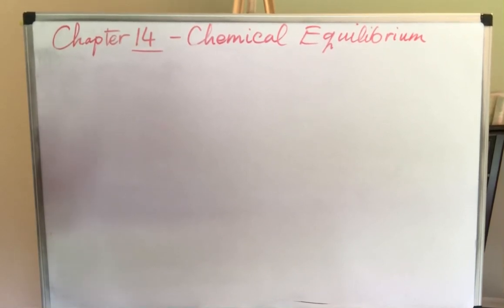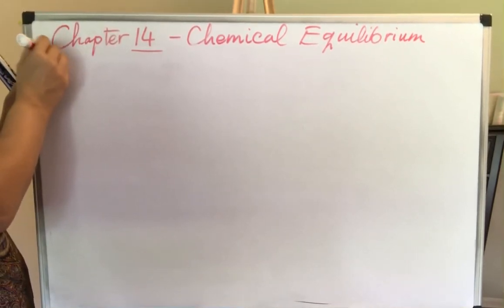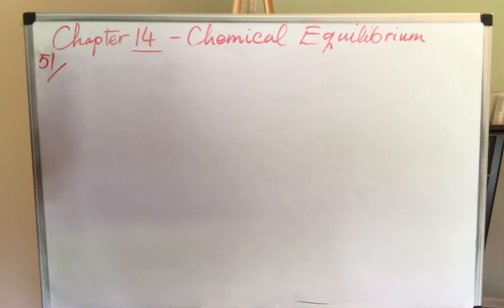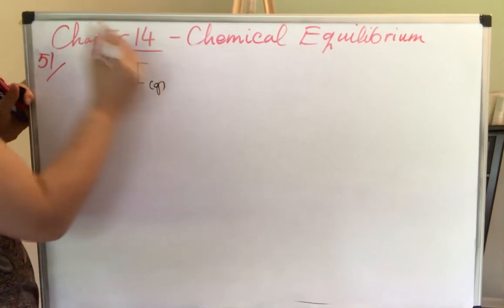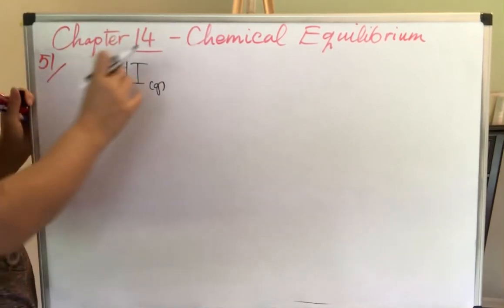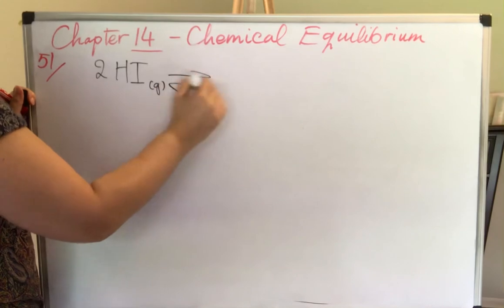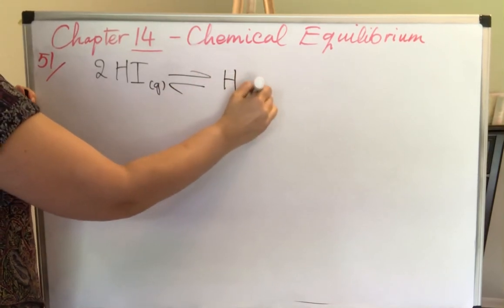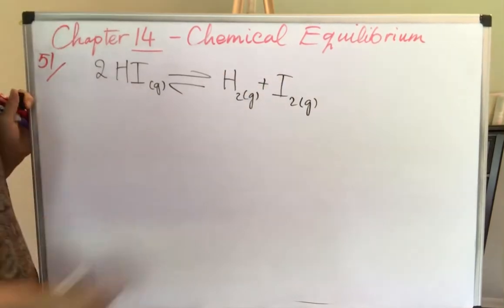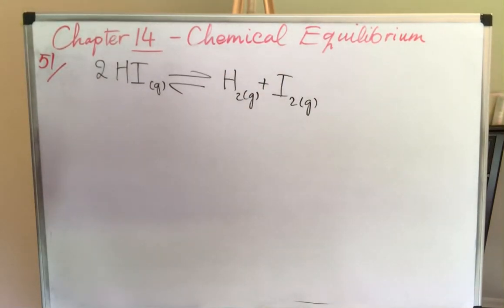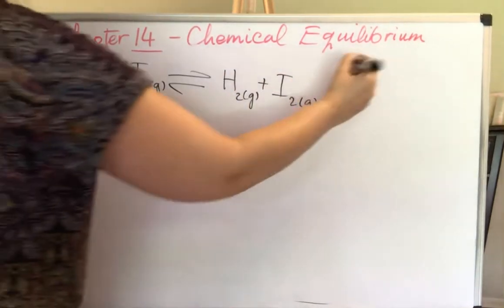We have different types. We work on slide number 51. It says hydrogen iodide, 2HI, decomposes to hydrogen and iodine at 800 Kelvin.